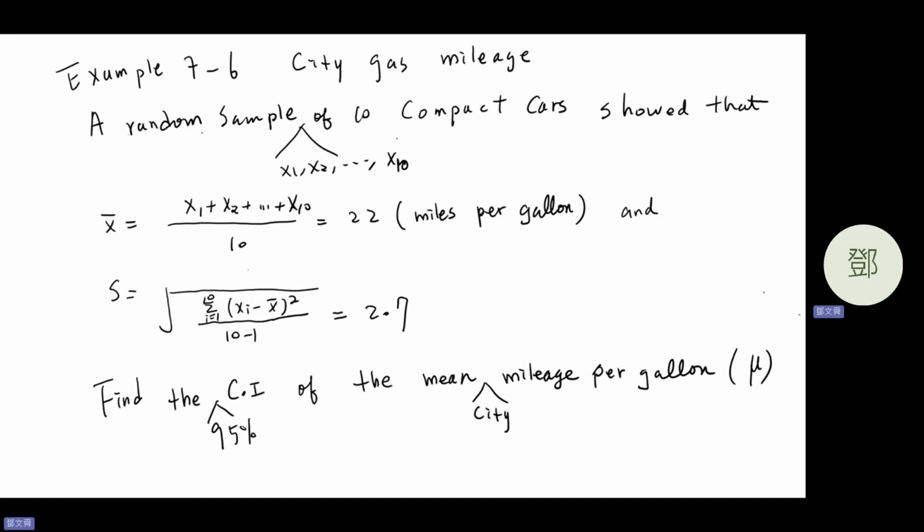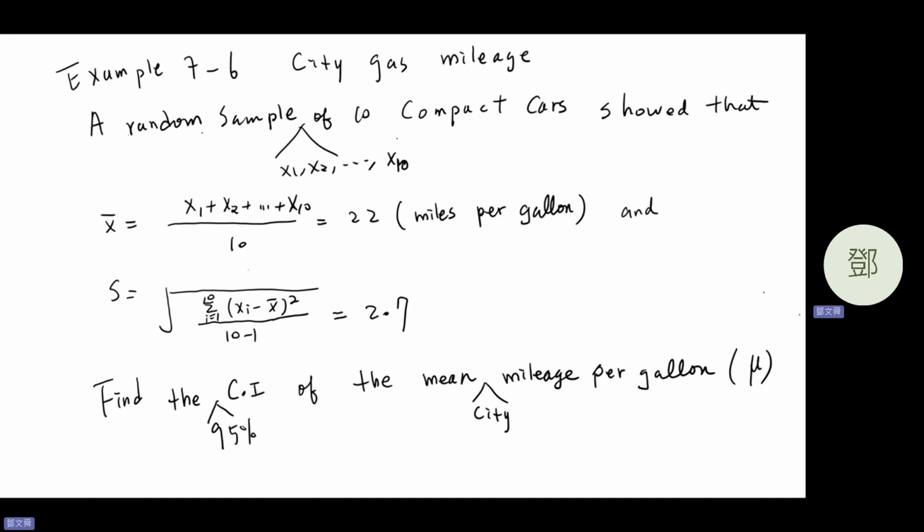Okay. In your textbook, the textbook states otherwise. It says that a random sample of 10 compact cars showed that the average city gas mileage was 22 mpg, miles per gallon. Assume that the variable is normally distributed and the standard deviation of the sample is 2.7.